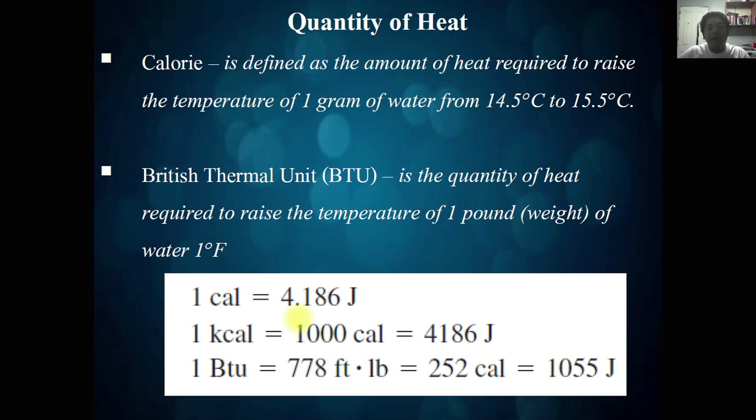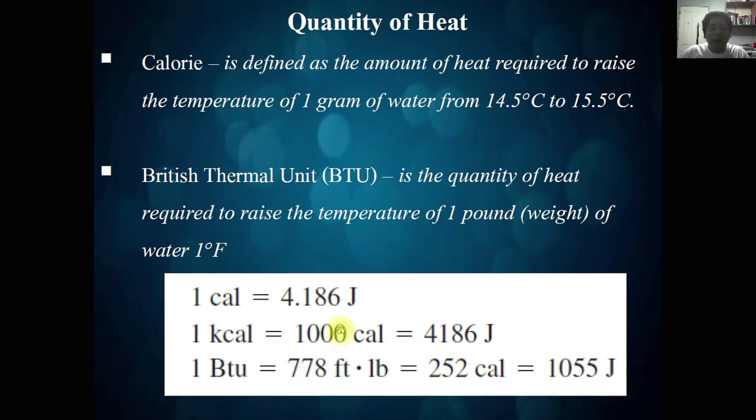You have to bear in mind this constant because it's very important that in some of the problems in physics, the given parameters are in terms of calories, but the final answer may require the joules, the amount of heat in joules. So you have to memorize this conversion. So 1 kilocalorie, that's equal to 1,000 calories, and that's basically equal to 4,186 joules.